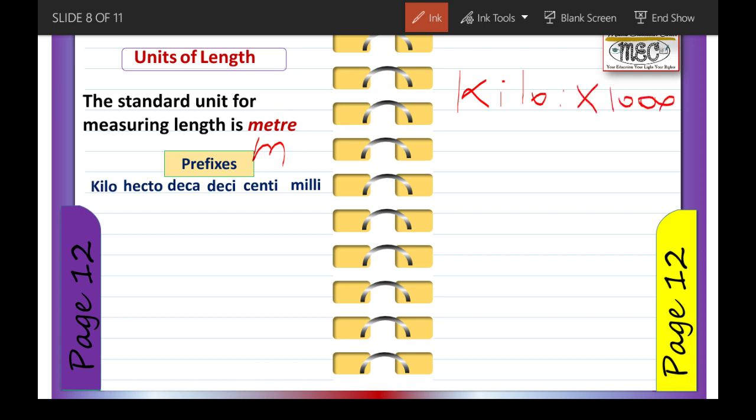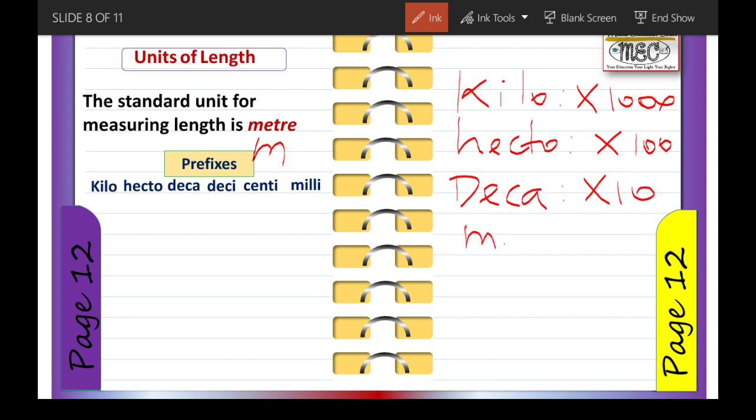1,000. Hecto is the second. Hecto means times 100. Deca means times 10. And the meter, as we said, means times 1. Deci means 1 out of 10, or 1/10.